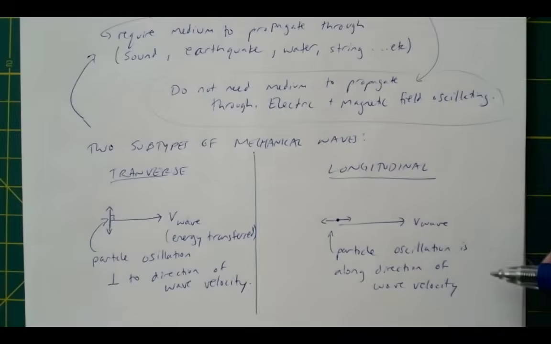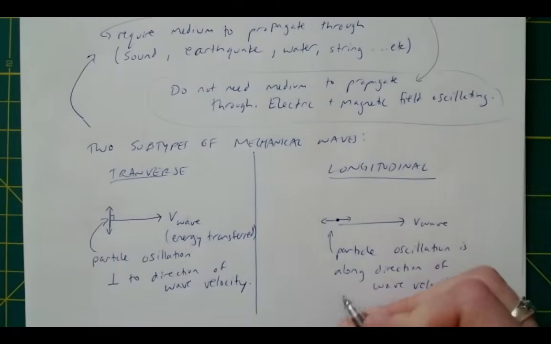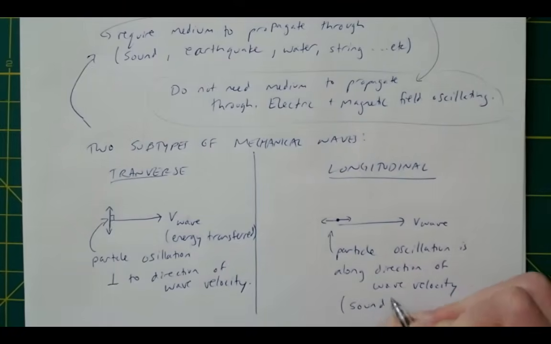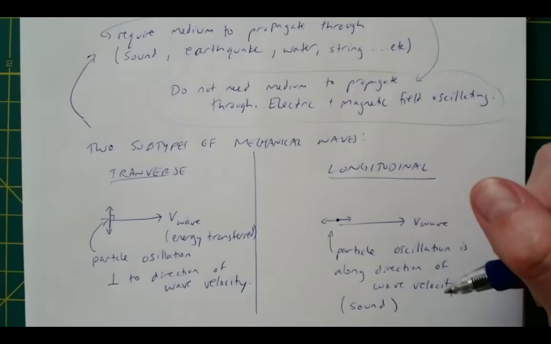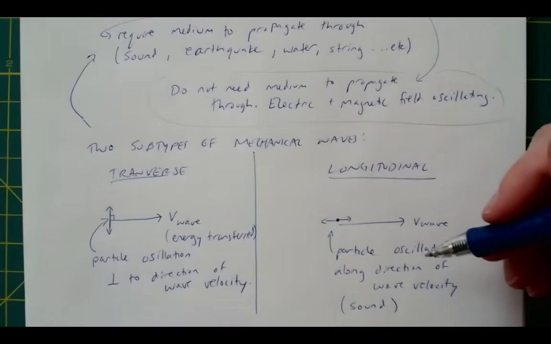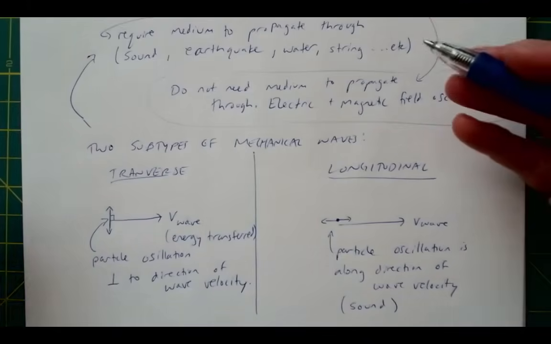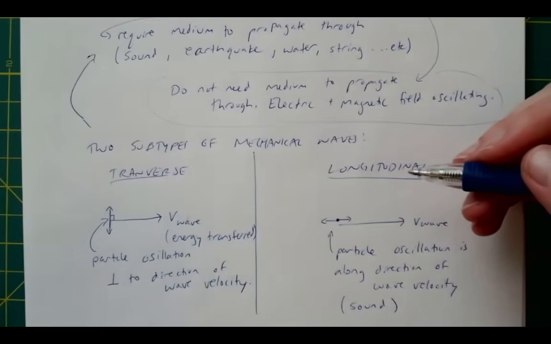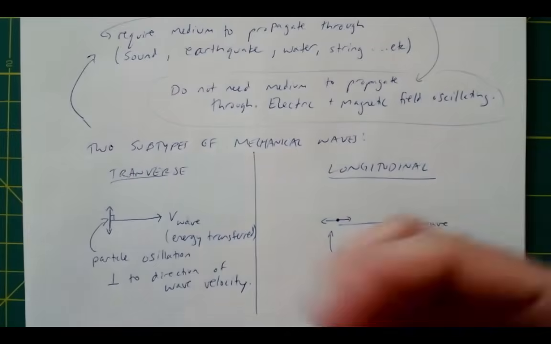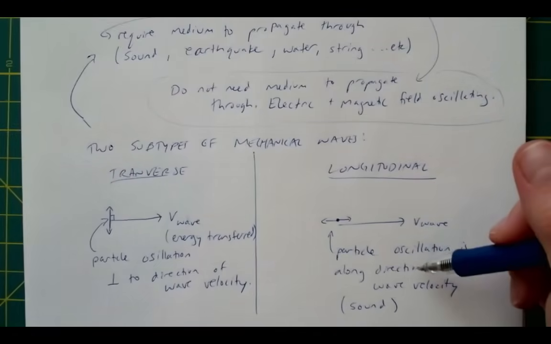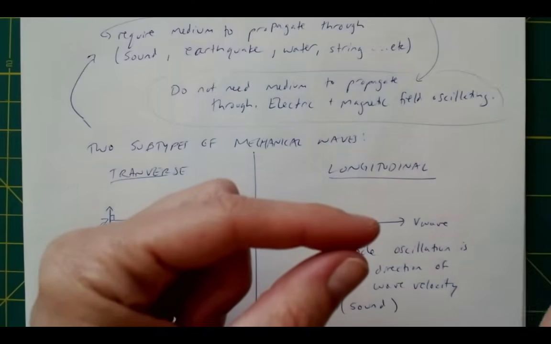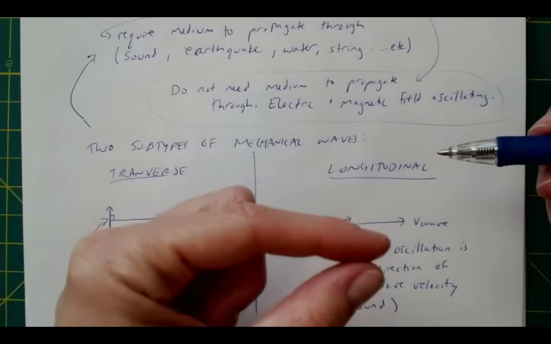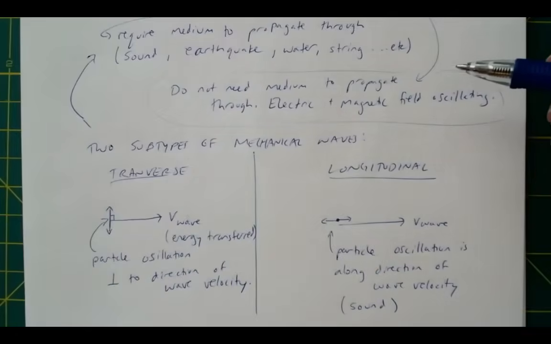The most important longitudinal mechanical wave is going to be sound waves when we get to that specific section. Say, as I speak in class and the sound wave comes from my mouth to your ear, the air molecules in the air are actually oscillating as that sound wave passes through them, parallel to the direction of the wave velocity. The wave, say, travels this way, and they oscillate back and forth as that wave propagates through.